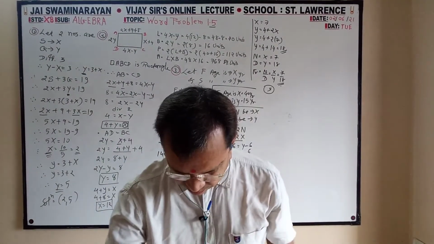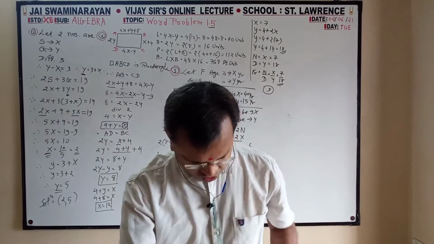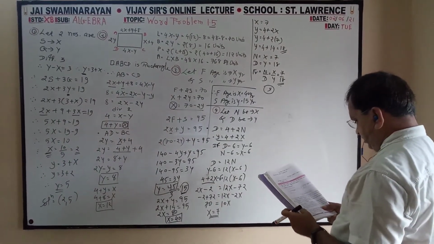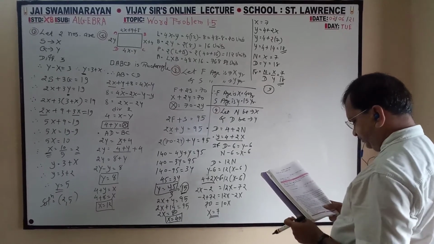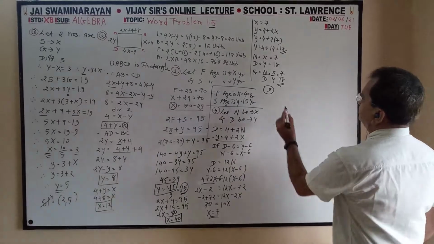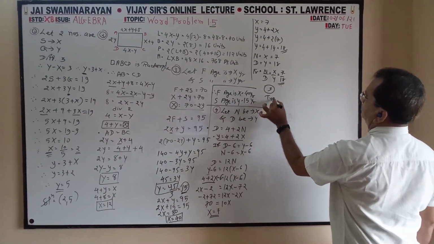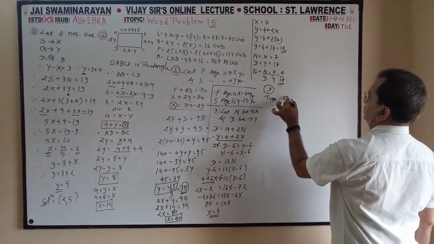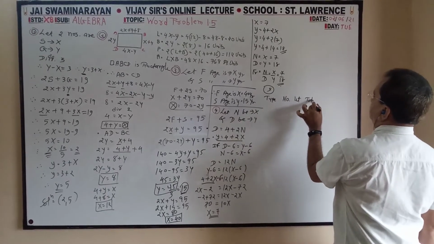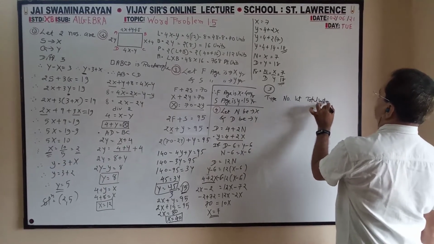Fifth number. Two types of boxes. Type, numbers, weight, total weight.